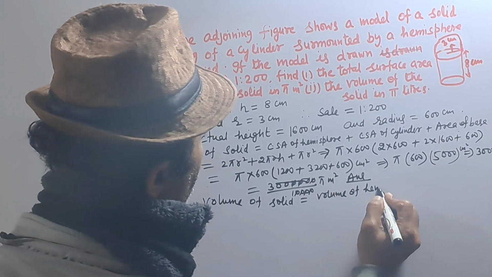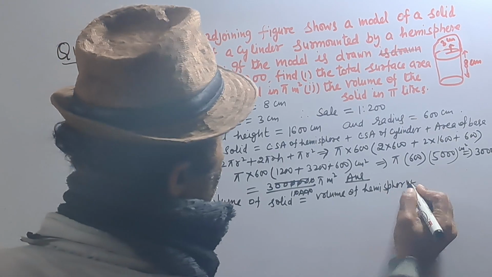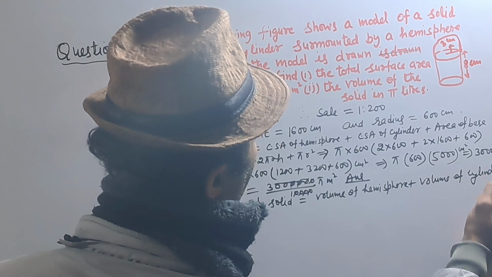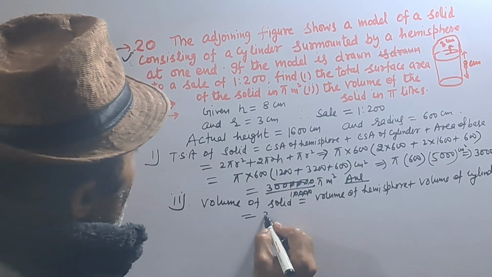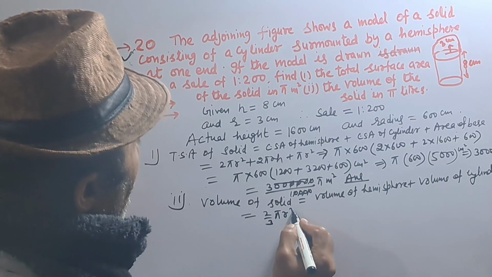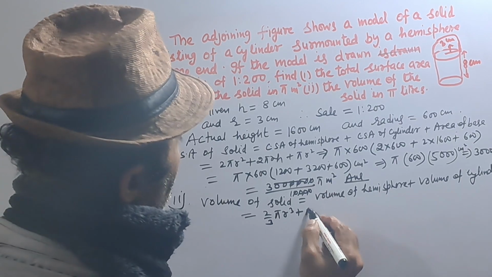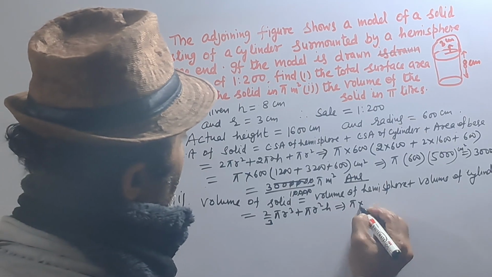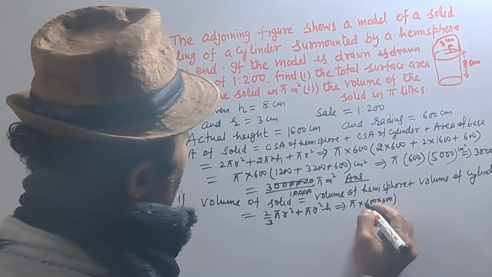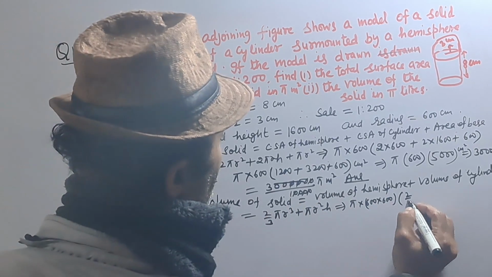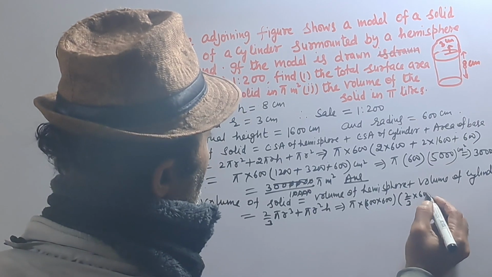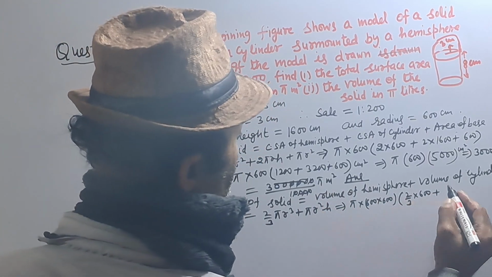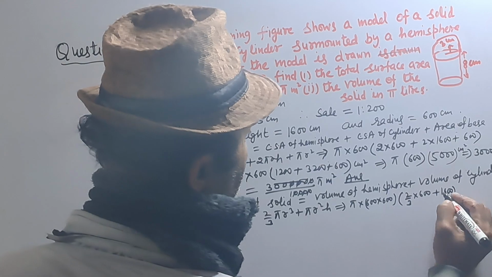Volume of hemisphere plus volume of cylinder, that is equal to 2/3 pi r cube plus pi r square h, which implies pi r square common, and in bracket 2/3 into 600 plus h, that is 1600.